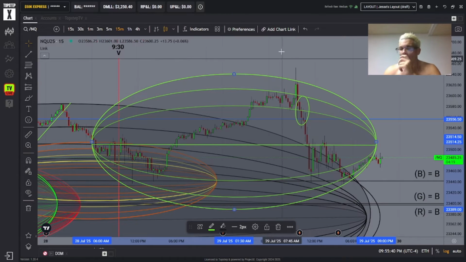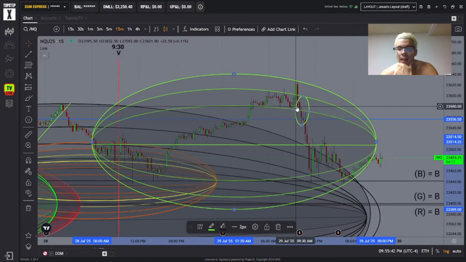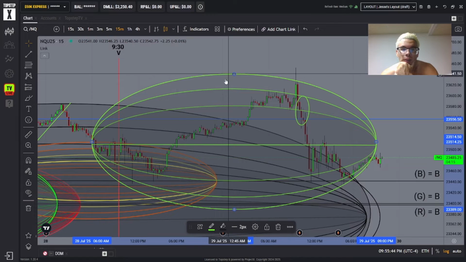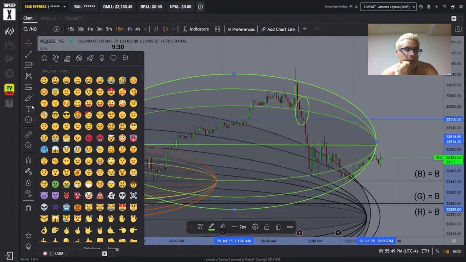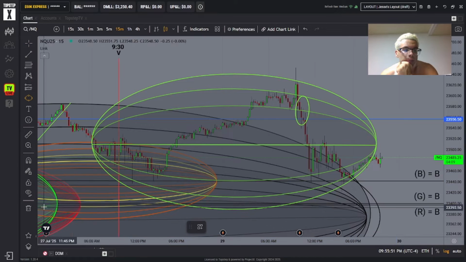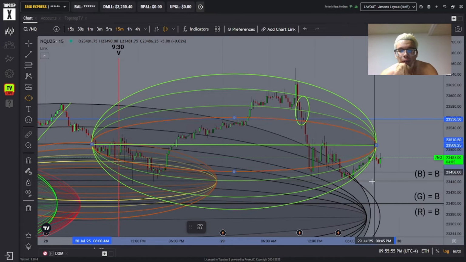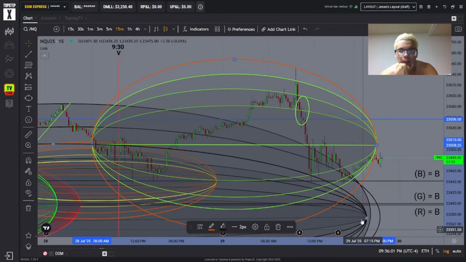But essentially, market opened today at 9:30 and worked its way out. If I was to add another dome, let me show you real quick, just so we're all on the same page of what we're looking at here. If I was to add another dome to this outer picture, about there, you can see price touches.